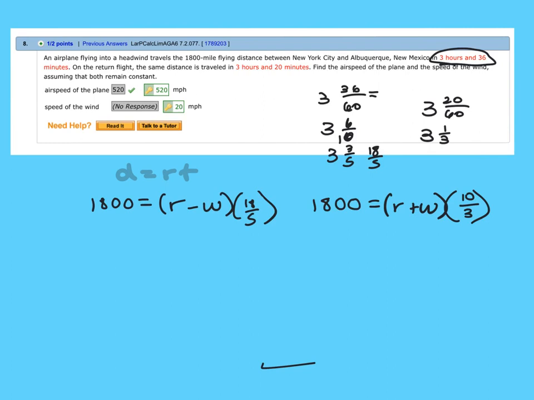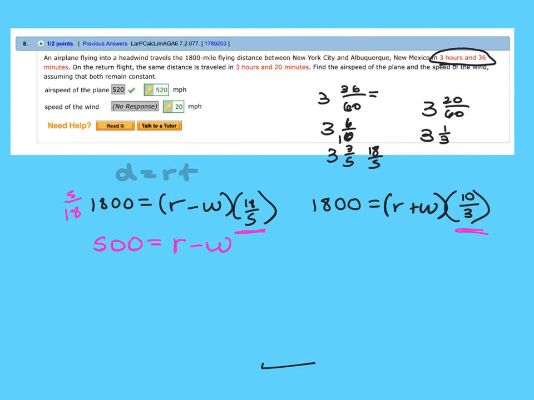Okay, so the easiest thing to do here is actually get rid of this time by multiplying by the reciprocal on the other side of your equal sign. And then you can set it up for systems. If you didn't catch that, then you have to distribute it in and multiply each line by the other side. So if I did 1,800 times 5/18, I get R minus W equals 500.